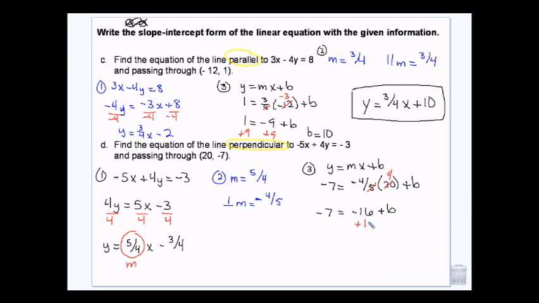If I add 16 to both sides, I get 9. And so my equation is y is equal to negative 4/5 x plus 9. This line is perpendicular to that line and it goes through that point.